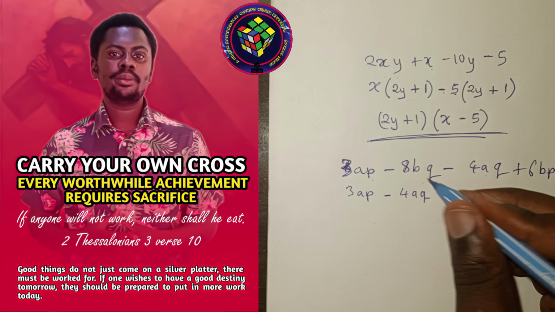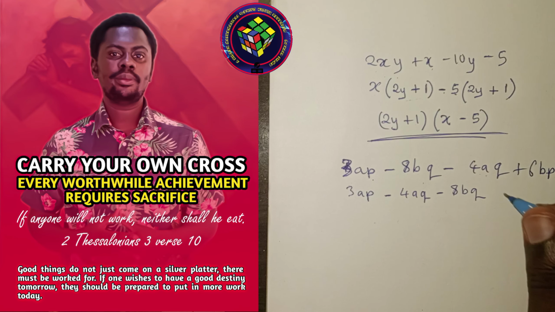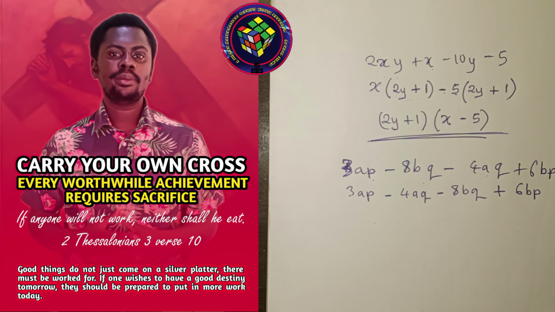Then we can bring back the minus 8BQ. Then plus 6BP. Now we are going to have common factors.